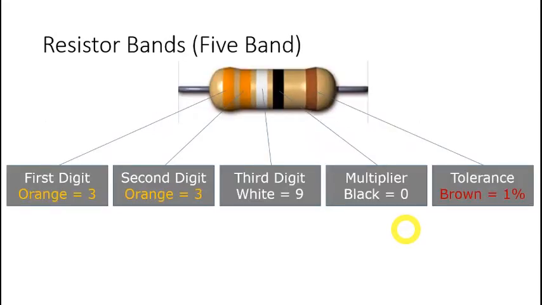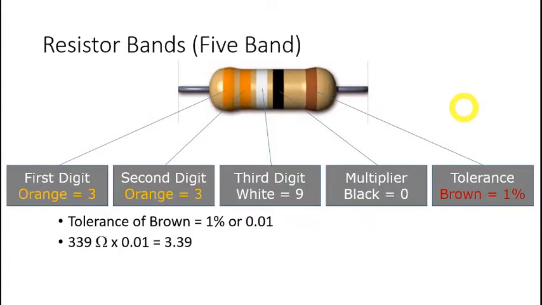So in this case I have brown here, and that is going to mean a tolerance of 1%, and let's apply that to this resistor. So 1% would be the same as multiplying by 0.01. So if we take our 339 ohms and we multiply by 0.01, we're going to get 3.39.